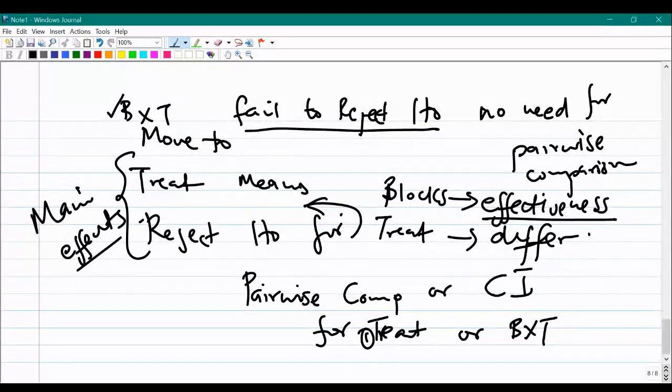For blocks, you are simply asking, by bringing in the blocks, did it improve my results? If you fail to reject the null hypothesis when testing the blocks, you are saying the blocks were there, but they didn't help us.